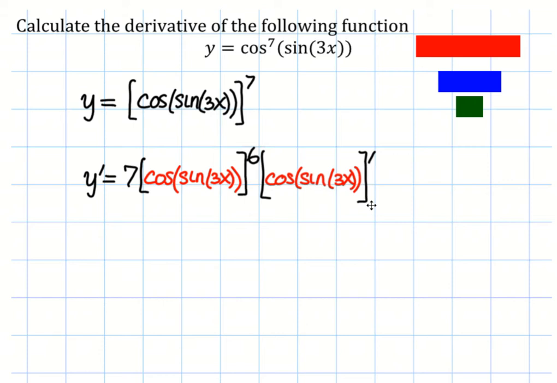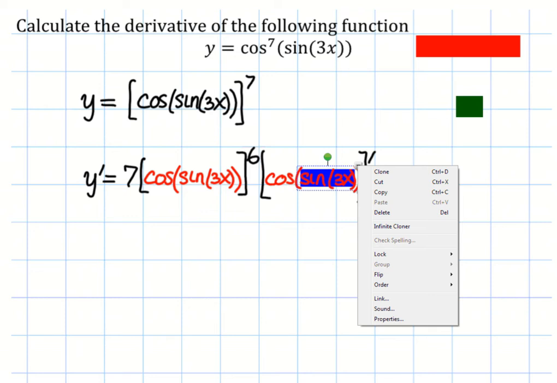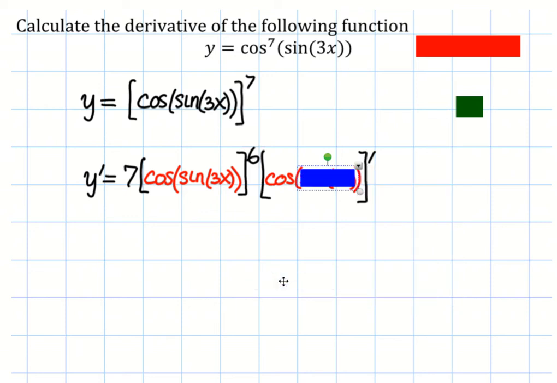Now, this part doesn't have a derivative, so we're done with that part. We only need to do the derivative of the second bracket. Right. Now, we're going to cover that up. Doesn't matter what it is.